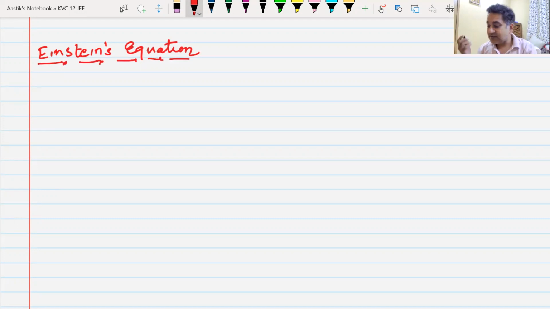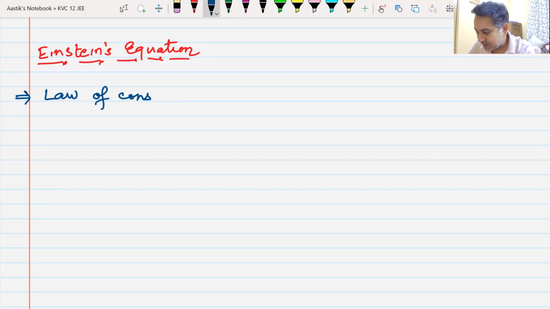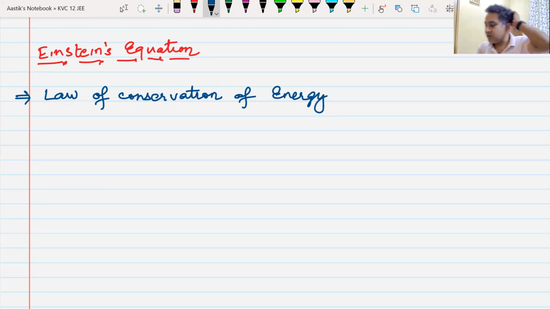Now this Einstein equation is simply based on the law of conservation of energy. Basically, he says that light consists of particles, photons.